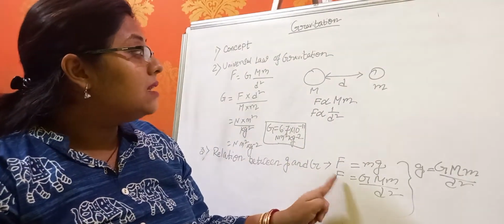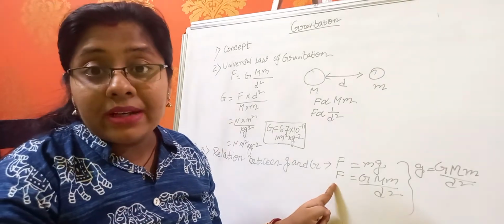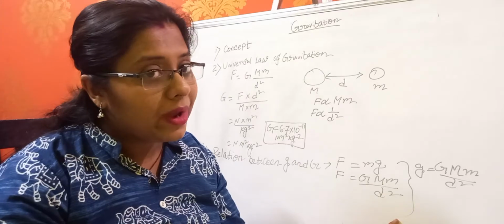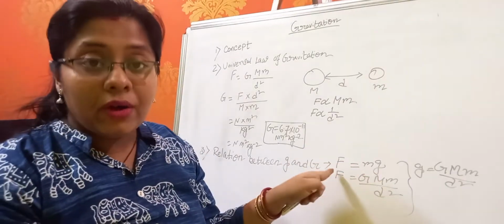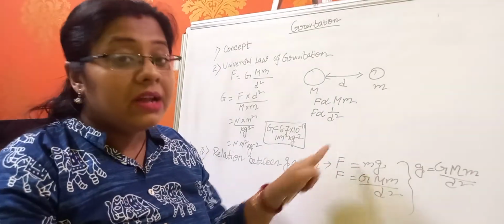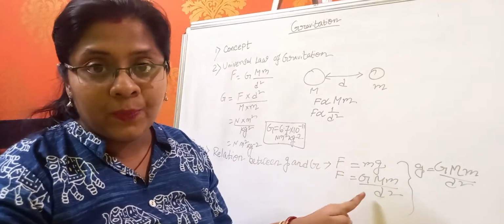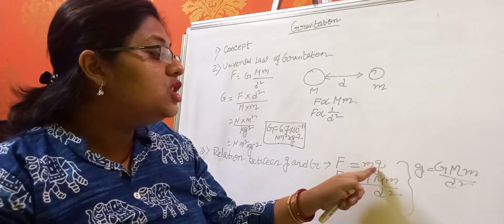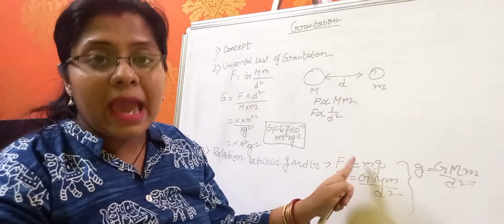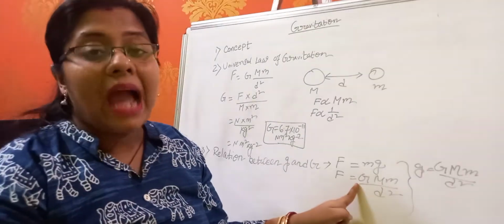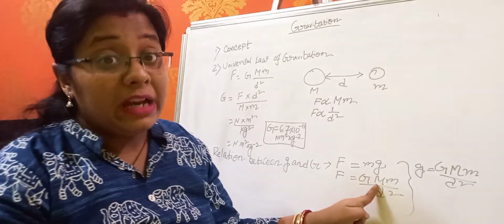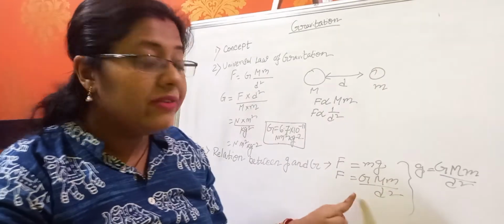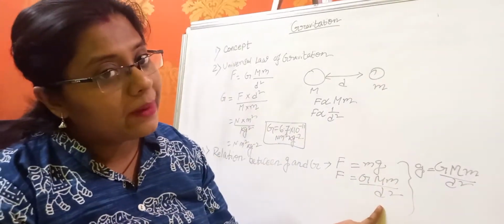And then this is the universal law of gravitation: F equal to G into capital M small m by d square. Now this is the value of F, and that is also the value of F. Now you can compare them. By comparing, I get m g equal to capital G into capital M small m divided by d square.